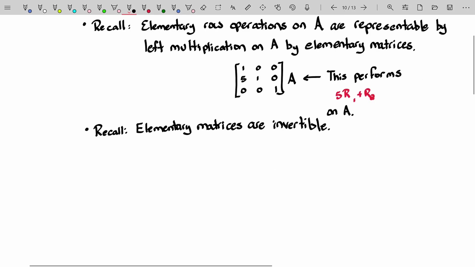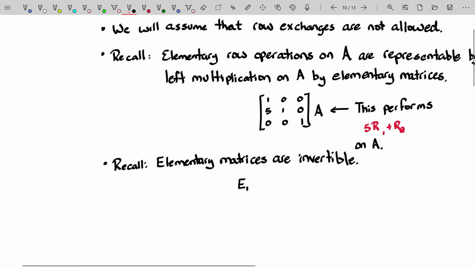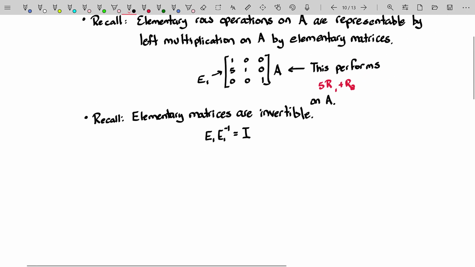So if you have an elementary matrix, let's just say E sub 1, which takes row 1, multiplies it by 5 and adds it to row 2, then we know there has to exist another matrix that undoes that. And that other matrix that will undo it is called E sub 1 inverse. It brings you back to the original matrix you were playing with, which in this case we'll just say is the identity matrix.